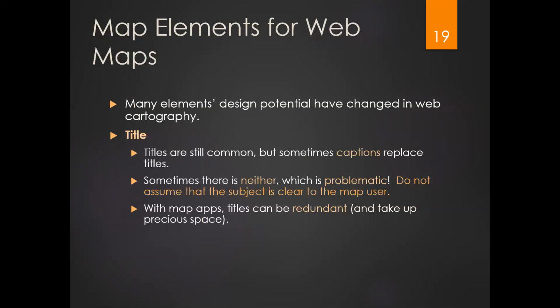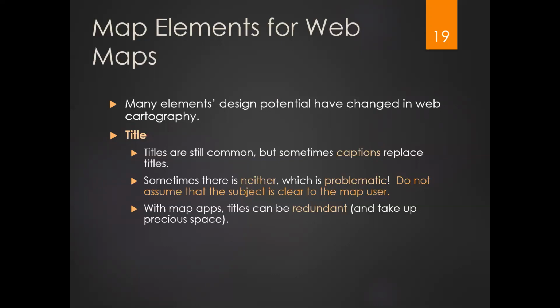Okay, for title, still very common, but sometimes we can simply use captions to replace titles. Titles are usually several words, right? And captions sometimes could be a very short phrase or even a short sentence. So sometimes titles, sometimes captions, sometimes you can just ignore them.